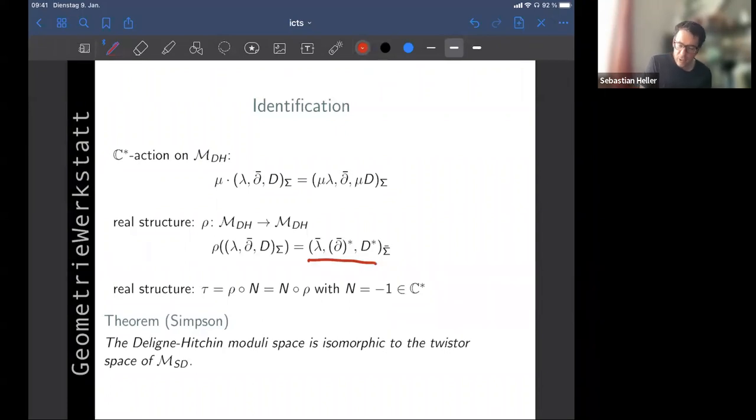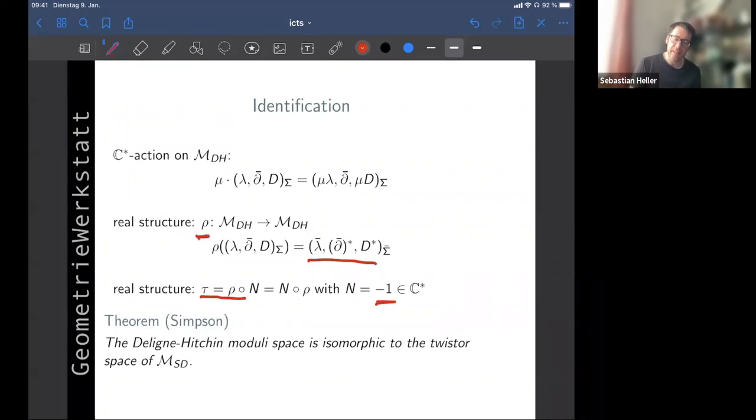And then the twistor complex structure tau is just given by the composition of this real structure with the multiplication by mu equal to -1. The real structure rho covers lambda goes to lambda bar inverse. So this tau, by definition, covers the antipodal map, lambda goes to minus lambda bar inverse.